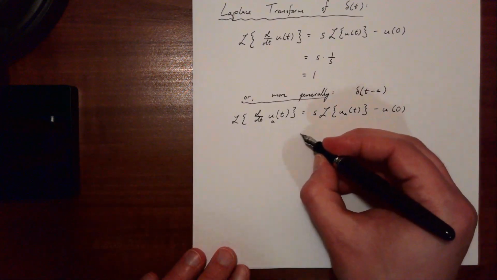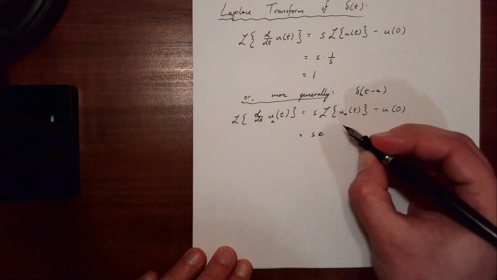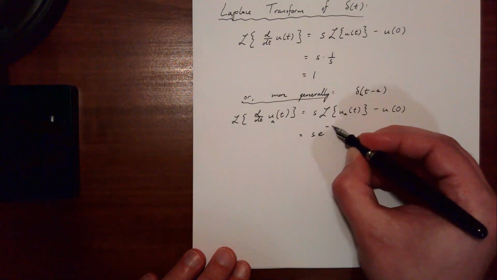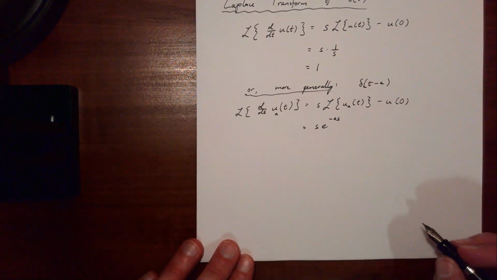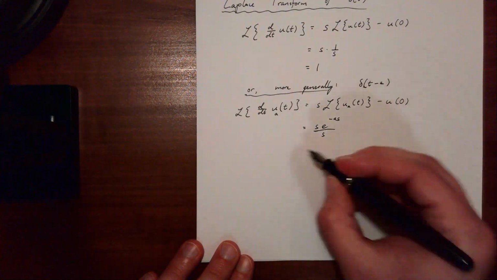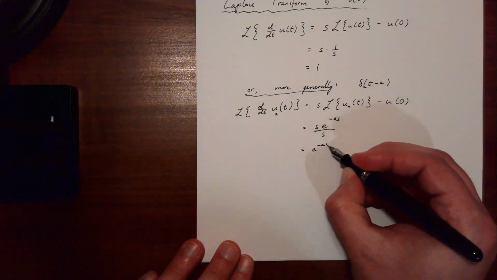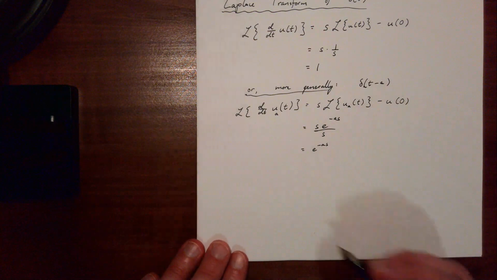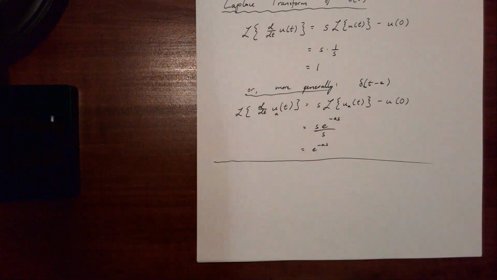And this is going to equal then just s times e to the minus as over s, which is then just going to equal e to the minus as. So there we have it. So there we have the Laplace transforms of the delta functions.